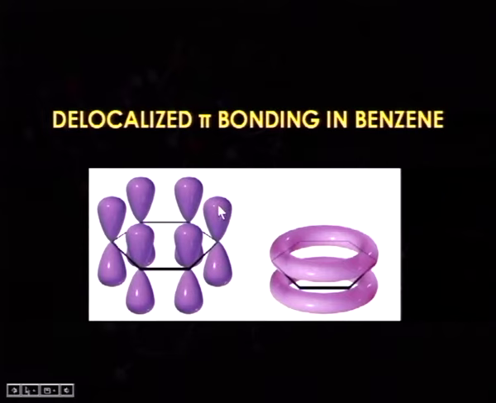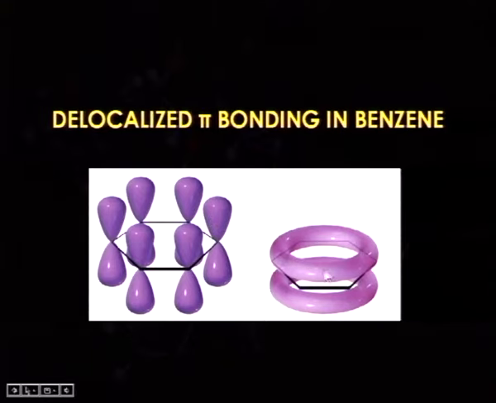So, unhybridized p orbital here, then here, then here. So, in total there are 6 unhybridized p orbitals. The electrons present in these orbitals will be delocalized over the whole of the ring, and a delocalized pi MO is formed.